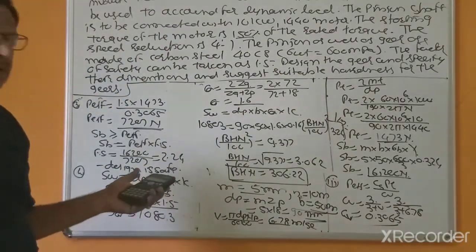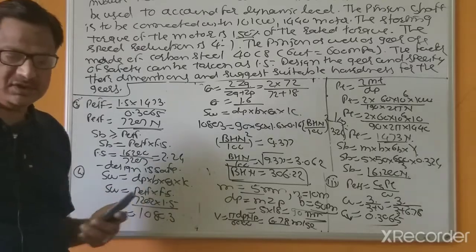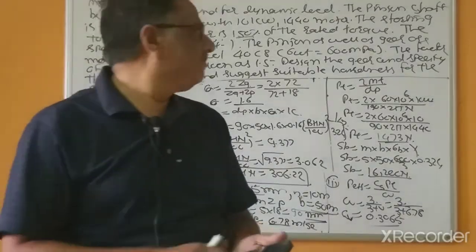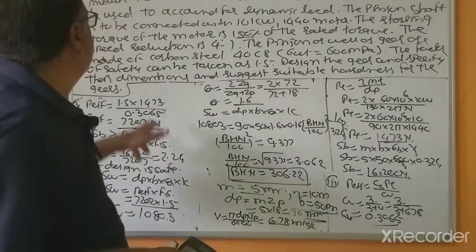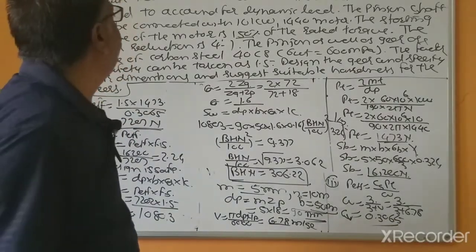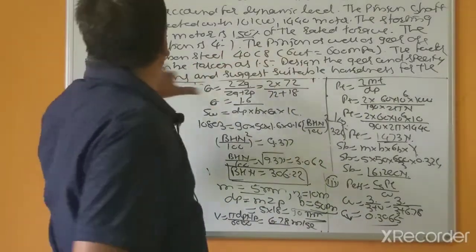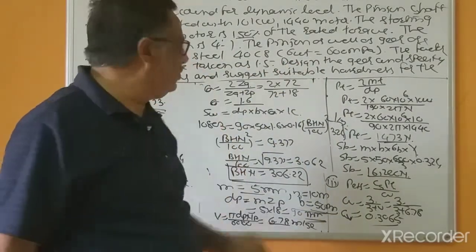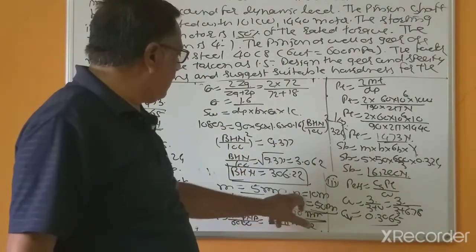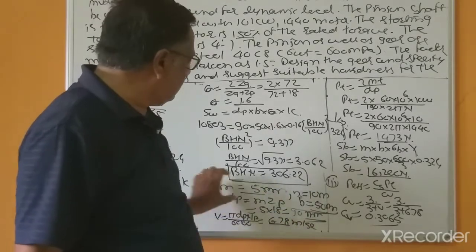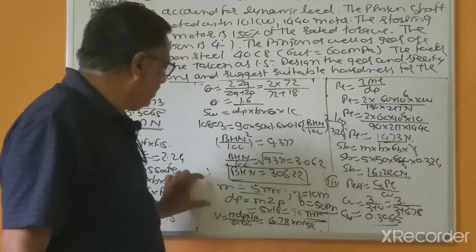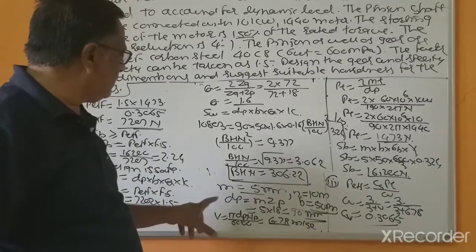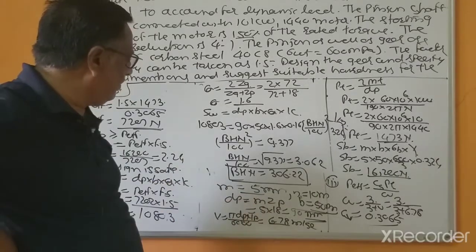I think you understand this first problem. Try to understand the opinion as well as the factor of safety that can be taken in designing the gears. Designing the gears means we have to estimate the module, beam and pitch circle diameters. These are the important dimensions of the pinion as well as the gear, where dP equal to pitch circle diameter of the pinion.